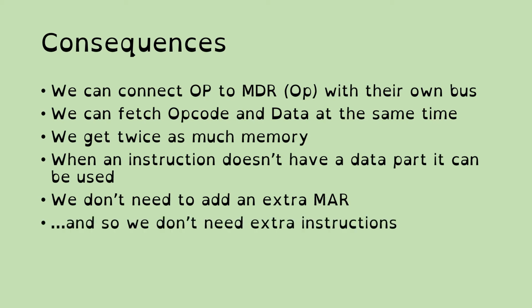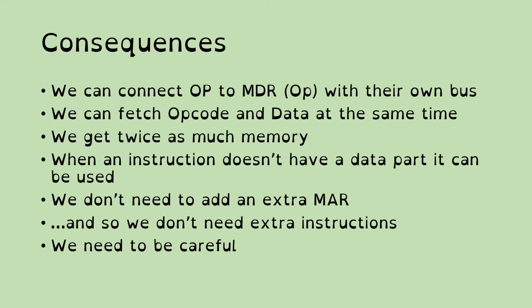So yeah, the fact that we haven't got an extra memory address register means we don't need extra instructions to deal with that. So we can do everything that we want to do within the instruction set that we've already got. But we do need to be careful if we're going to use memory in the data half where there is an opcode.